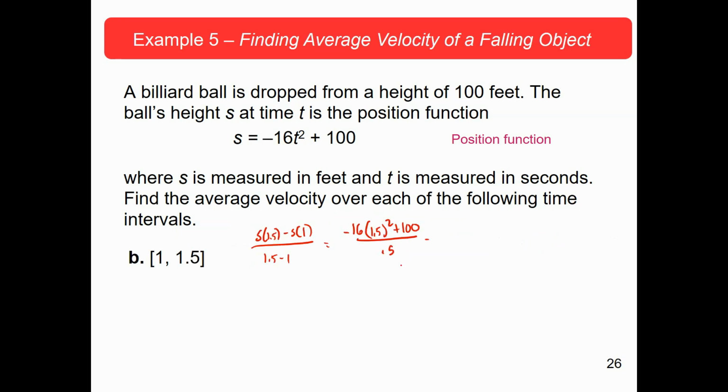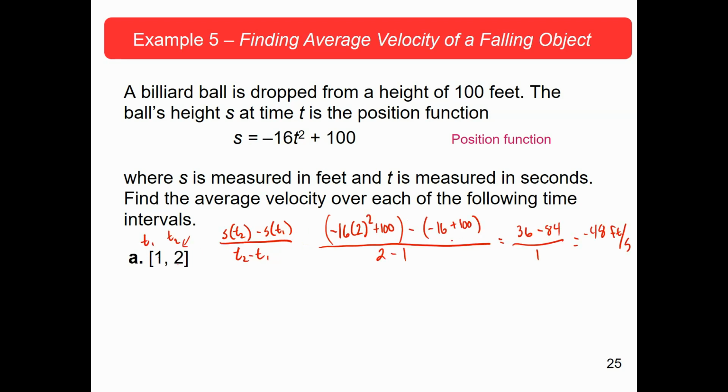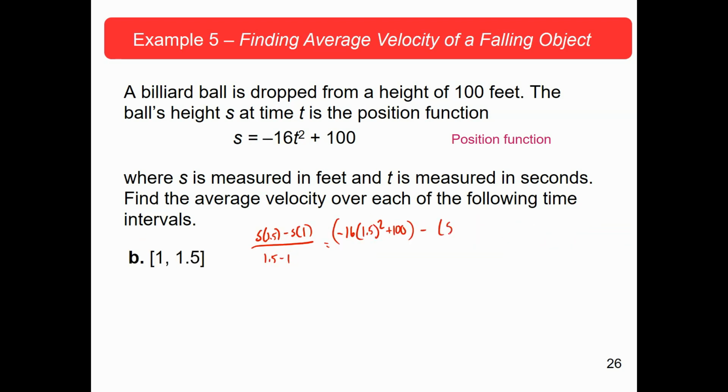Our second one here, same rule. We're going to use S of T2 minus S of T1 over T2 minus T1. So we've got negative 16 times 1.5 squared plus 100 minus, once again, we know S sub 1 is just 84, so minus 84 over 0.5.